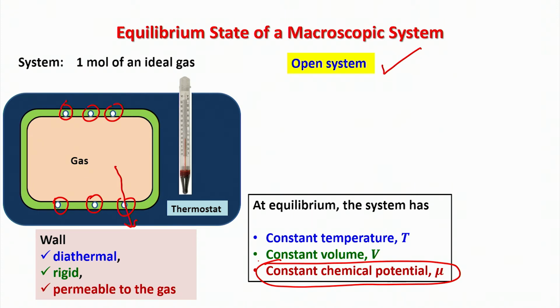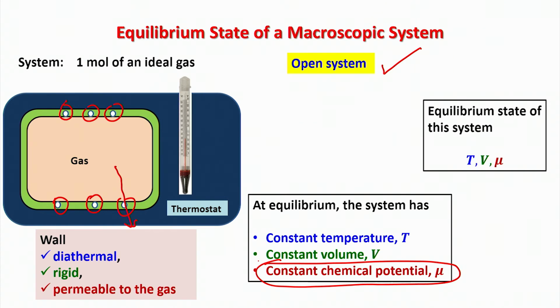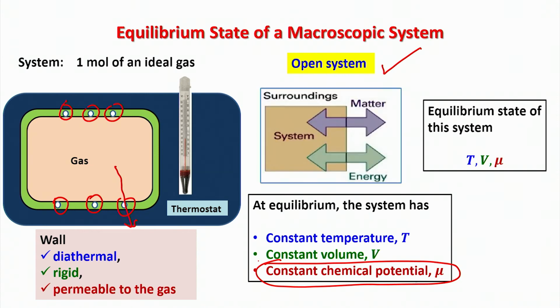So it is an intensive variable just like temperature, and let us say that this is called the chemical potential mu. So under the condition when the system can exchange both matter and energy with the surroundings, the equilibrium state of the system is characterized by temperature, volume, and chemical potential.